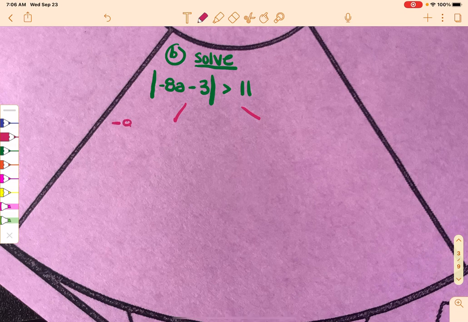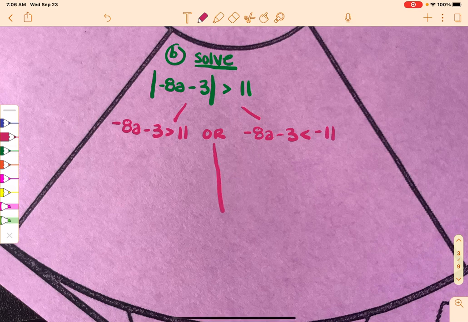So I'm going to put the first one down just the way it's written, just without the absolute value sign. Now, the next time I go through, I'm going to have to change this inequality and flip it and change this 11 to negative 11. So negative 8a minus 3, it's going to switch there and it's going to switch there.